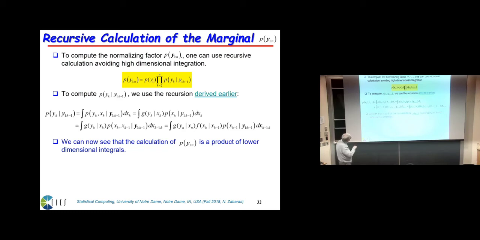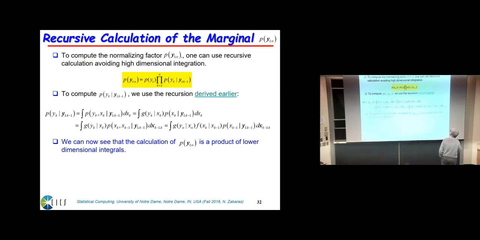Now my brain went to the right place. This is what we used before, but if I return to this equation, you notice it involves the marginals of y_k given all the previous observations. Those distributions, even though they depend on all of the previous y's, only require integrals in two variables.